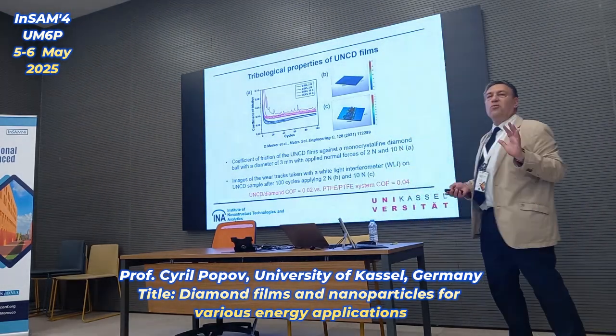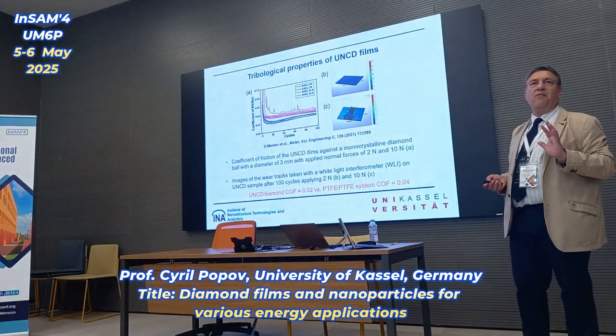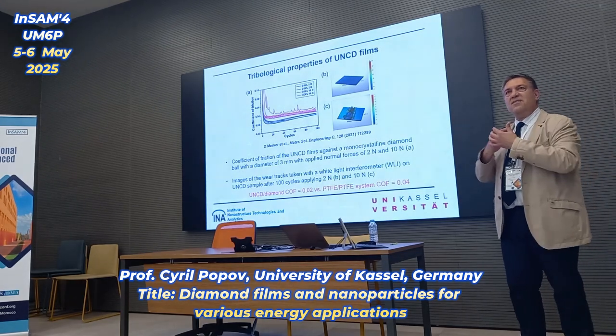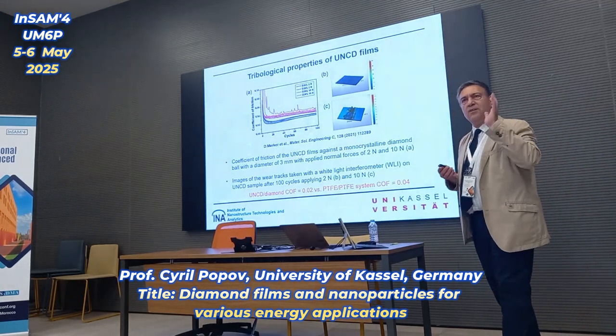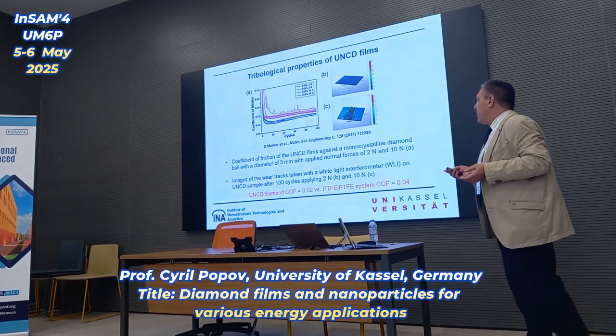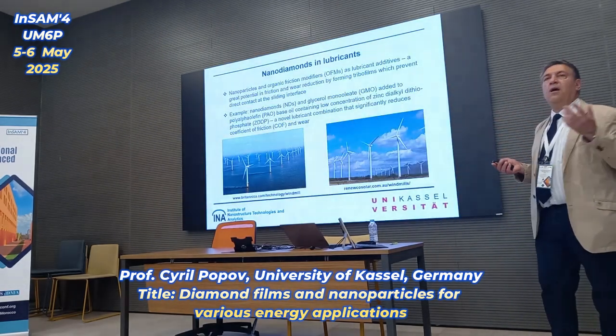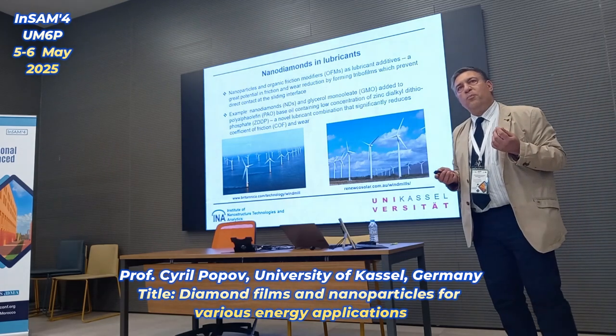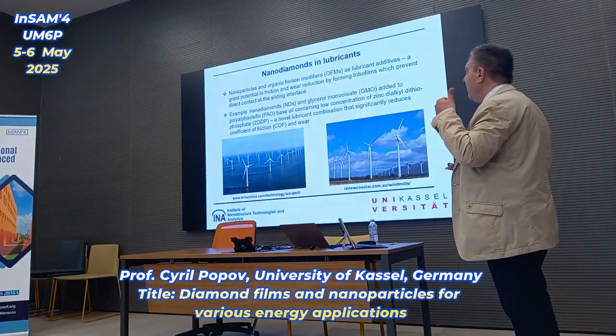Of course, not in the form of layers. This will make everything very expensive. If you cover all these steel parts, first you cannot cover with diamond, it's another story, but it's expensive. However, it is a trend to improve the properties of lubricants by additives.